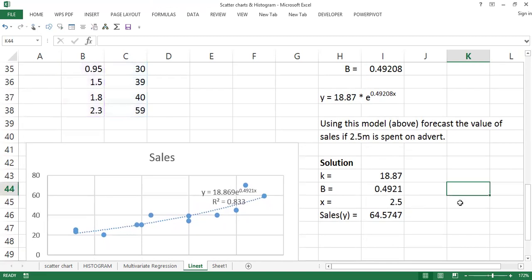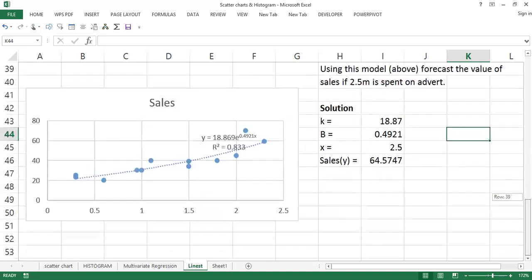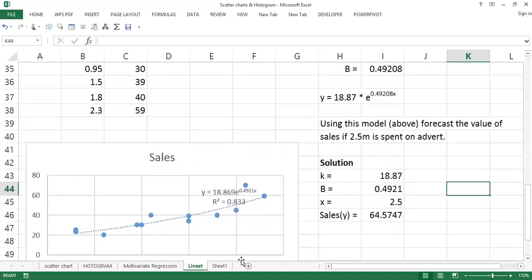Each one has its own special feature. Here we are using the scatter plot to confirm our result, whether it makes sense.